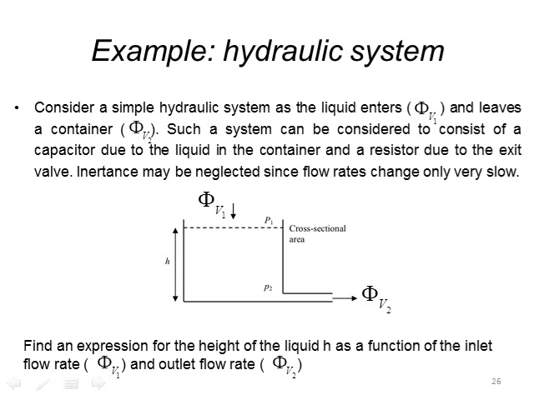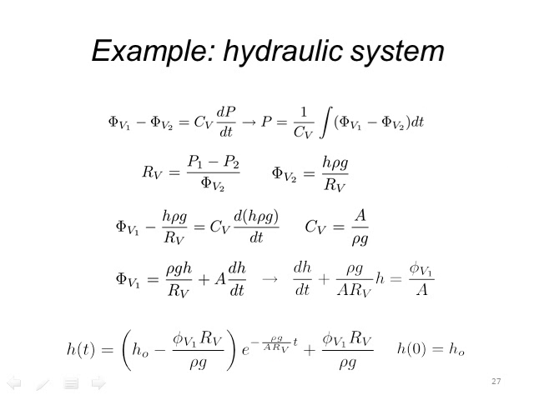Okay, so if we have an electrical system, we have R, L's, and C's. In this case, we're going to get rid of L, and we just have an RC circuit. So let's find an expression for the height of the liquid, H, as a function of the inlet flow rate, phi sub V1, and outlet flow rate, phi sub V2. We're going to use the same expressions that we derived for the elements.